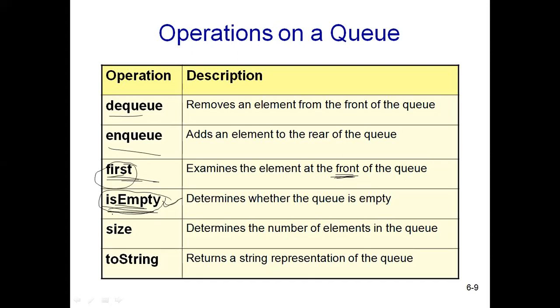If the condition is true, then we can display a message like the queue is empty, so we cannot remove elements from it.